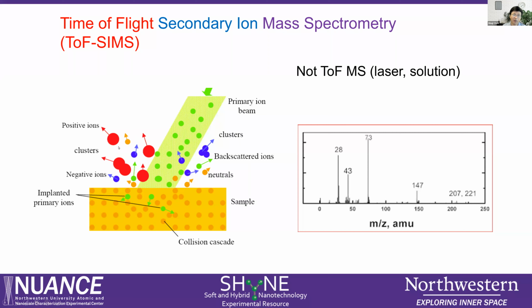Like in SEM, a primary electron generates a secondary electron; here we use ions. The primary ion generates the secondary ion, which goes to the analyzer, where we analyze the mass, get the mass spectrum, and understand what is on the surface. So why time of flight? Time of flight is a method that measures the time the ion flies from the sample to the analyzer, and based on the time you can calculate the mass. So this is ToF SIMS.